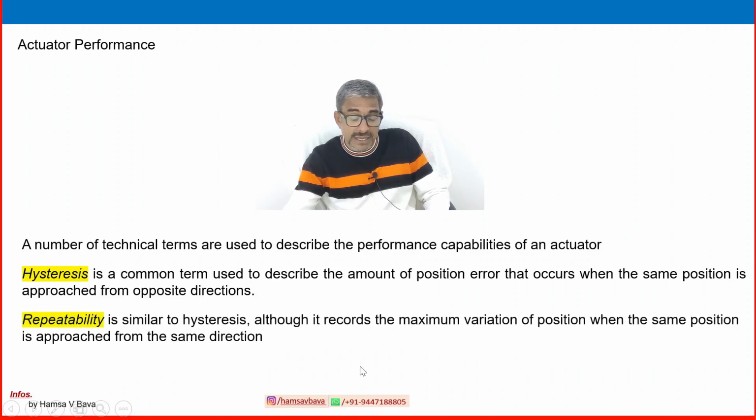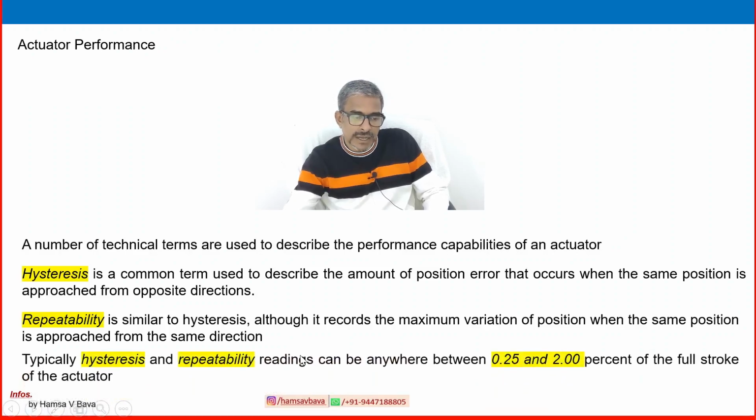Repeatability is similar to hysteresis, although it records the maximum variation of position when the same position is approached from the same direction. Typically, hysteresis and repeatability readings can be anywhere between 0.25 to 2% of the full stroke of the actuator. These are design and performance parameters, not operating parameters.